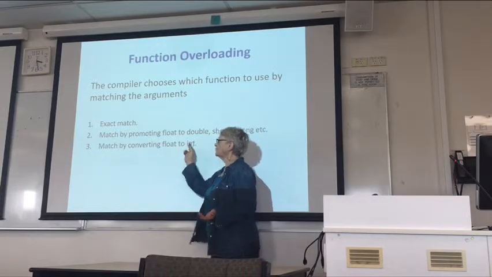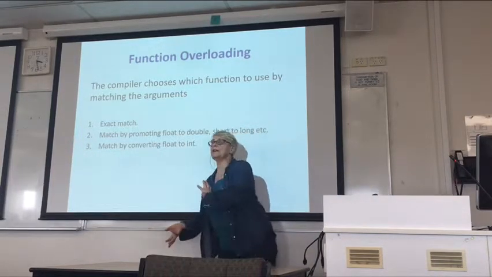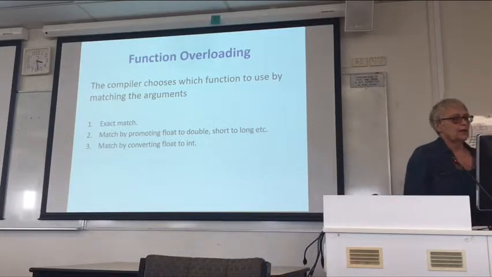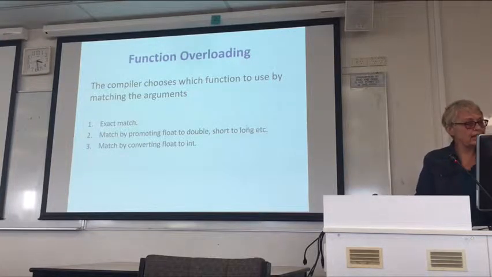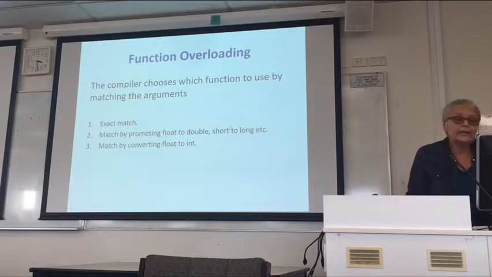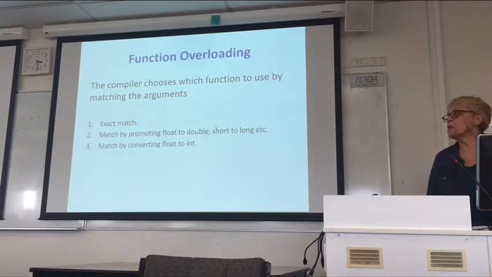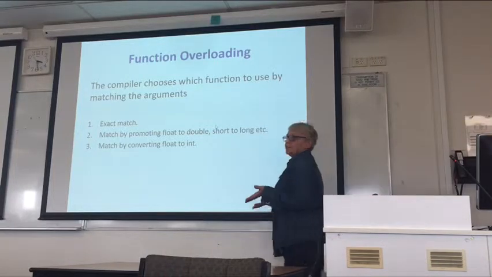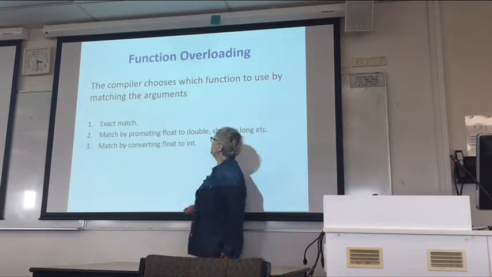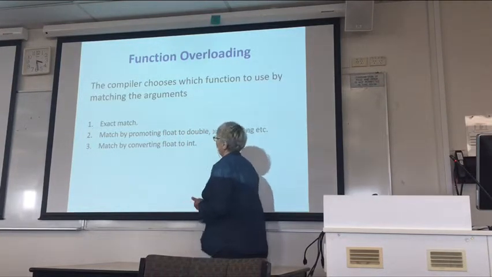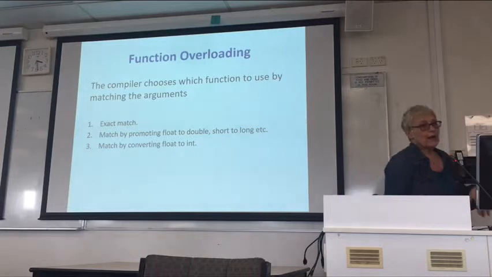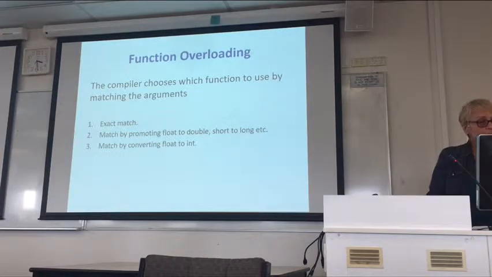If float to int, the real part is dropped. So you get a little bit of a different value in that case. And with this, you can get into what is called ambiguity problems, where because of the promotion, the compiler doesn't know which one to choose. It can promote int to double and float to double. And then it tells you, oh, I can't perform the task.